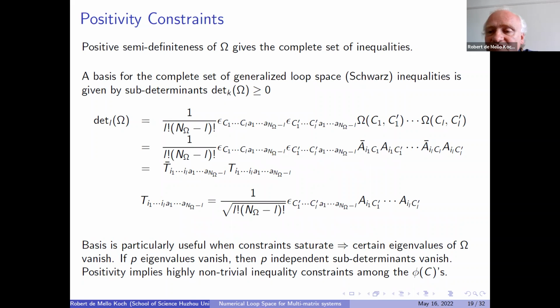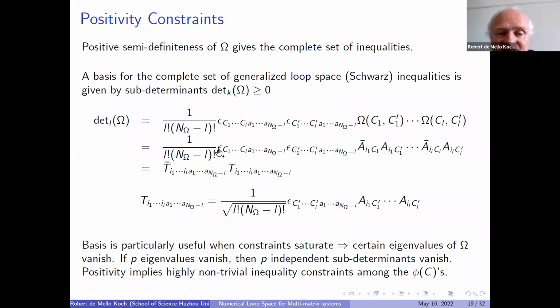Okay, so what is the complete set of constraints that you can write down? It's positive definiteness of omega. That's what you have to plug in. And a nice basis for this complete set of loop space inequalities is given by subdeterminants of this loop joining matrix omega. So I've just written the definition of the subdeterminant there.